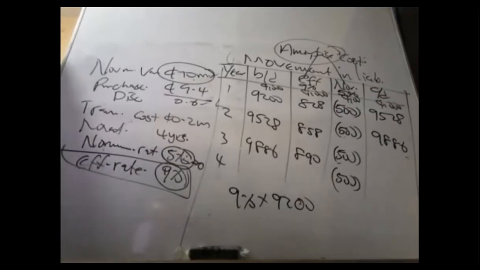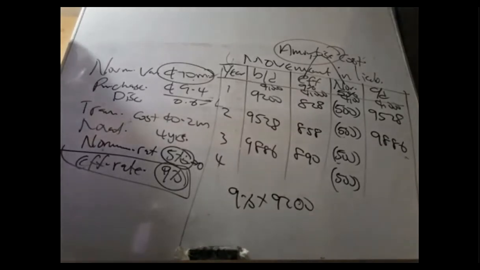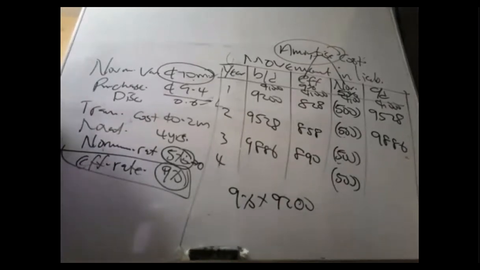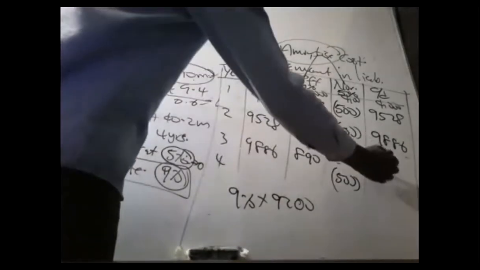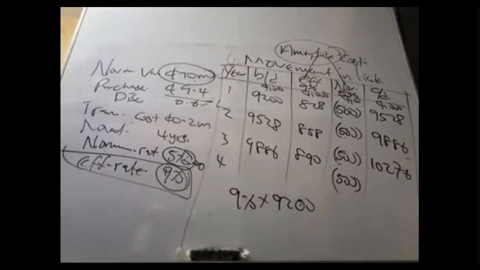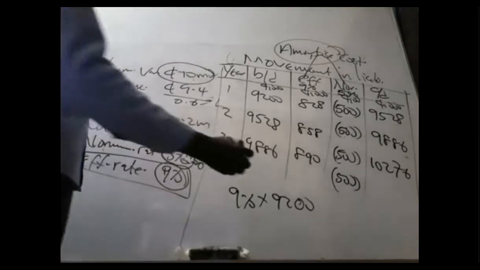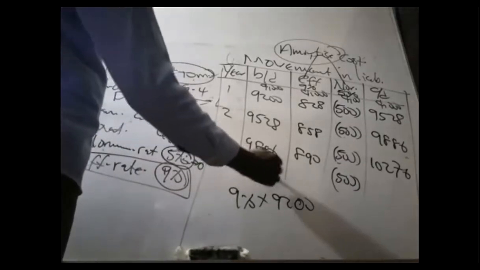That will give us something like 10,276. Then finally, if you get to the final year, you put it here, 10,276.